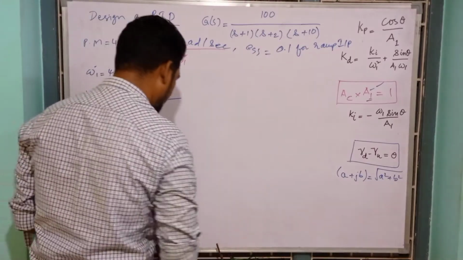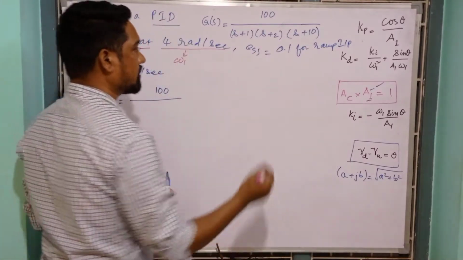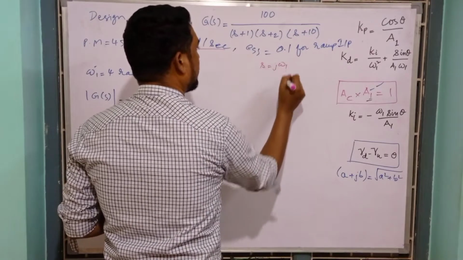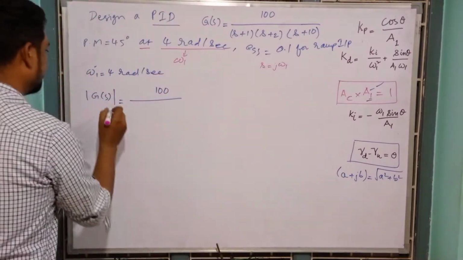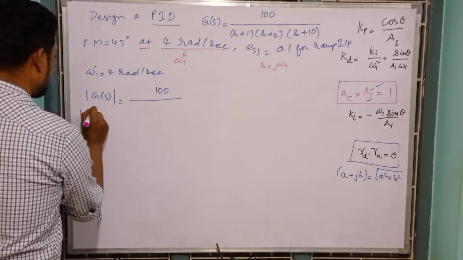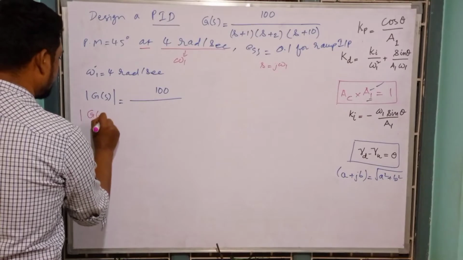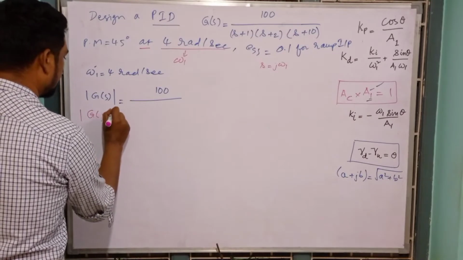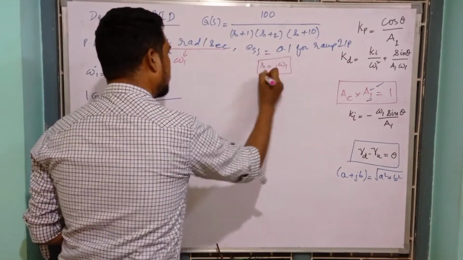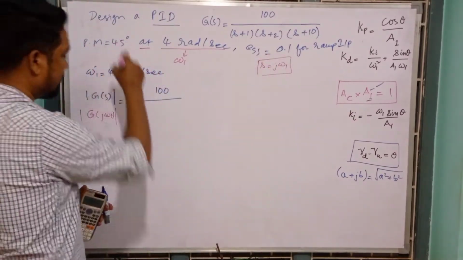This is a and this is b. Sorry, I forgot to mention something. Substituting s equal to j omega 1, so G of j omega 1, plugging in s equal to j omega, which is given in the question itself.